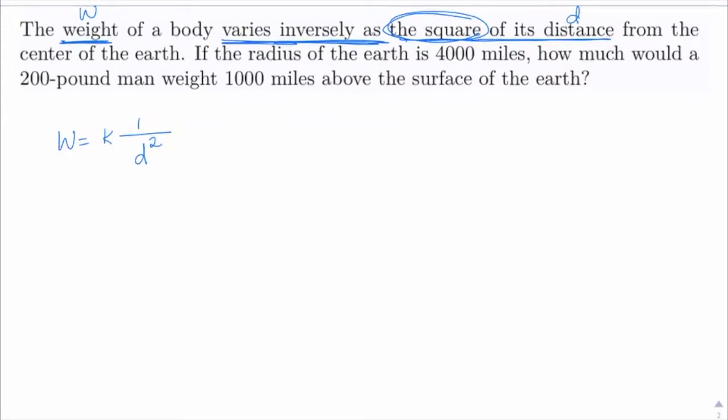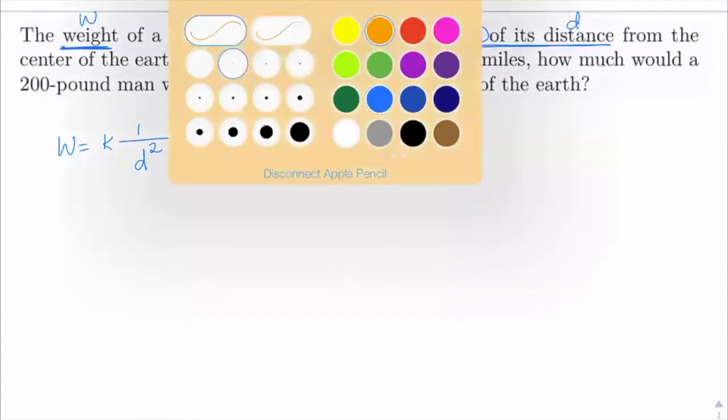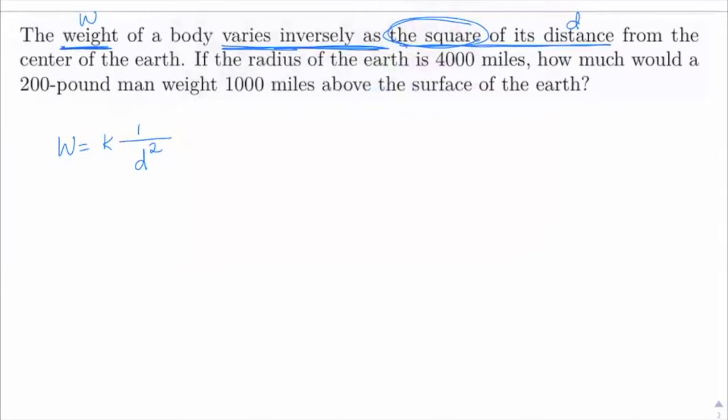And now let's take a look at the next sentence. If the radius of the earth is 4,000 miles, how much would a 200-pound man weigh 1,000 miles above the surface of the earth? So this information here, the radius of the earth is 4,000 miles. And the man, when he's on the earth, is 200 pounds.